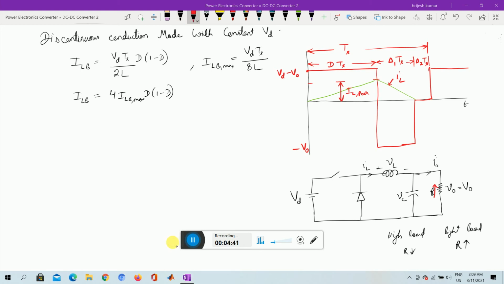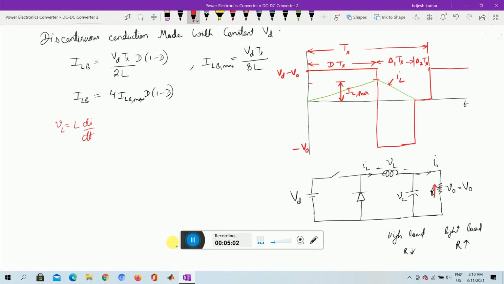Now for this particular case, when it is on for DTS and it is off for del 1 TS, if we equate that the energy stored and energy released by the inductor should be the same, we can use the formula VL is equal to L di by dt.